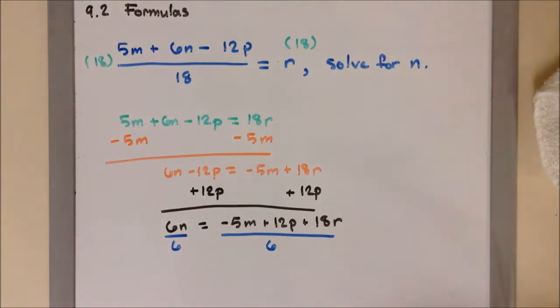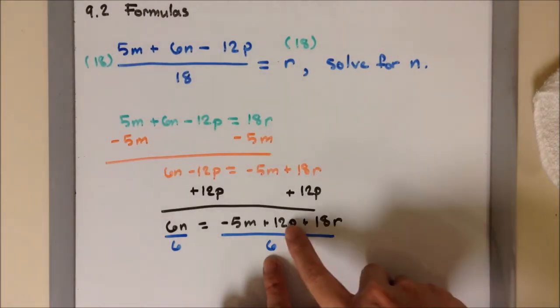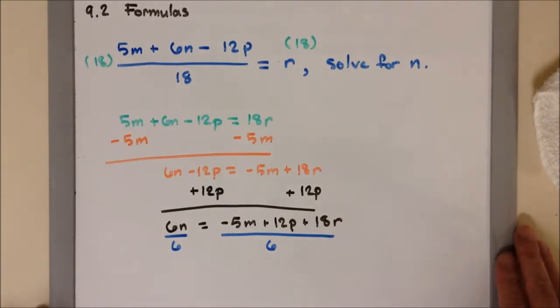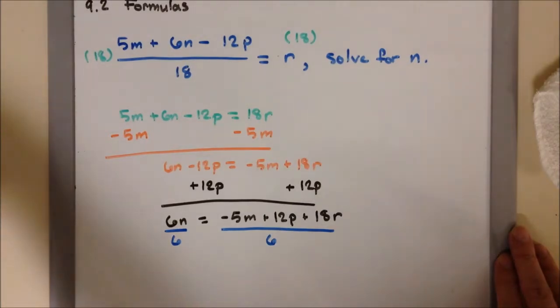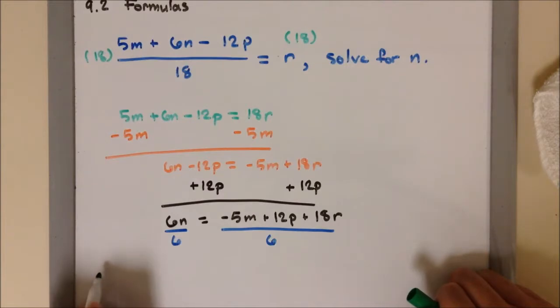Now here, I can actually split into multiple fractions because 6 and 12 can be simplified together, and then 6 and 18 can be simplified together. So let's first split into multiple fractions. So 6n over 6, that's just simply going to be n equal.